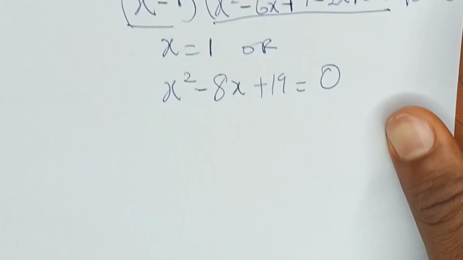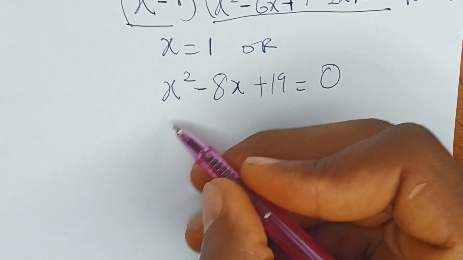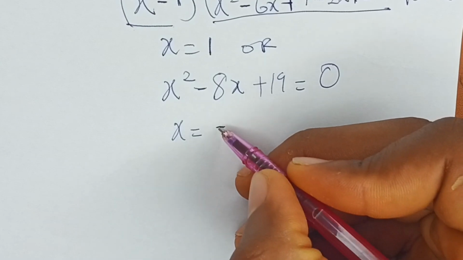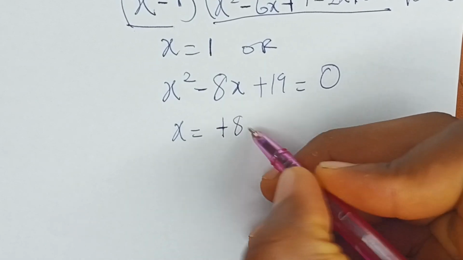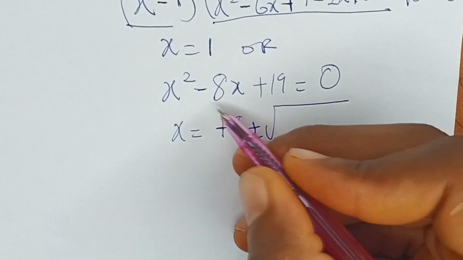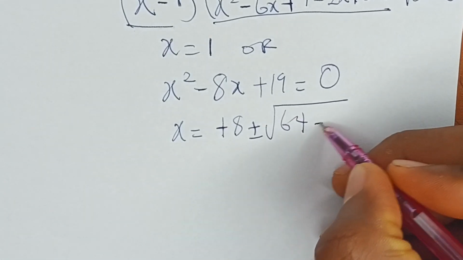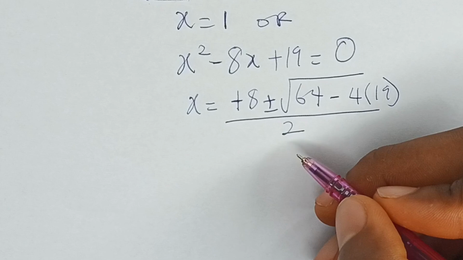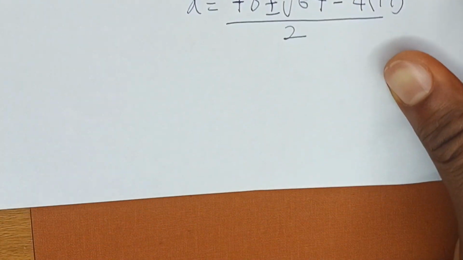Moving on from here, we now have that x is equal to 8 plus or minus the square root of 8 squared, which is 64, minus 4 times 19, all over 2. So this is the quadratic formula.